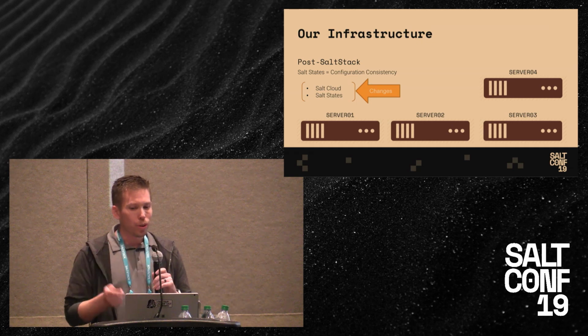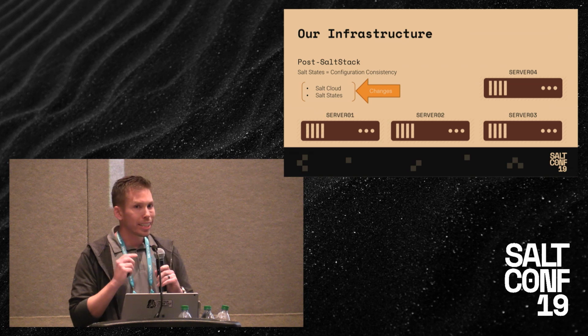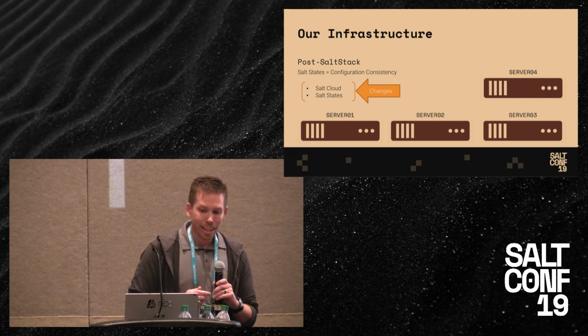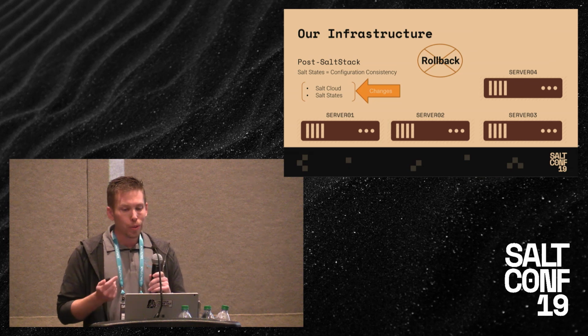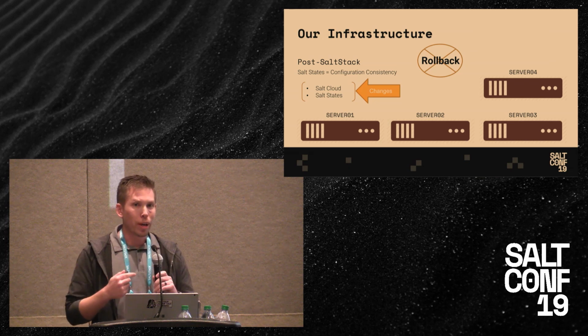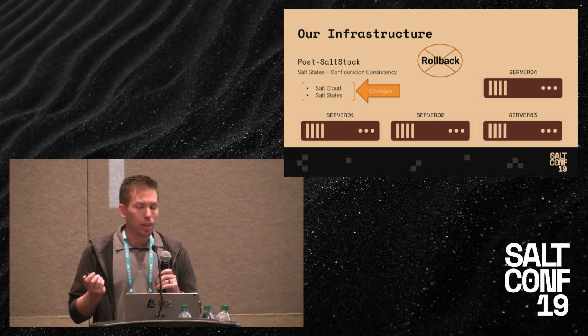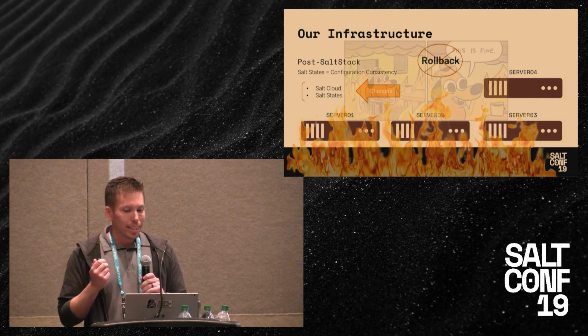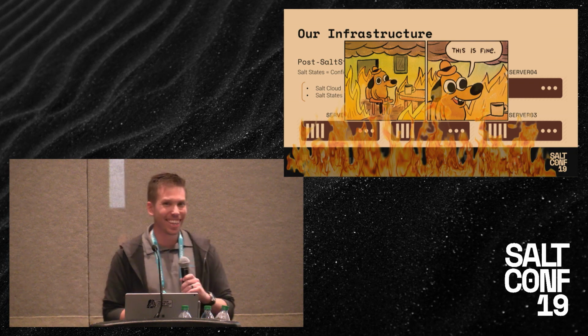And since everything's stored on a flat file, we didn't really have a way to see what changed in the salt state. So there wasn't an easy way to roll those back. So hopefully you had backups. You could roll your servers back from a previous backup state, or maybe your salt state was stored in a backup somewhere, because if you don't, let's just say it's not a pretty day in the office.